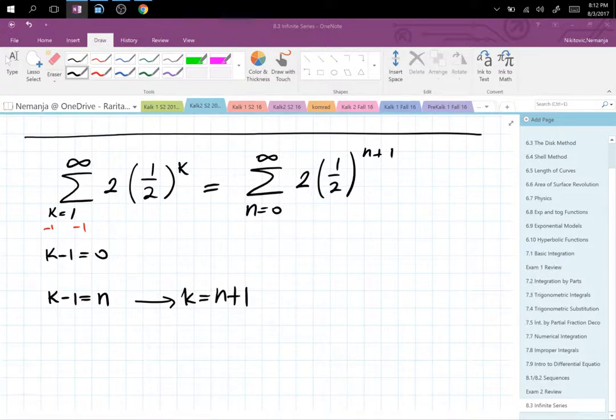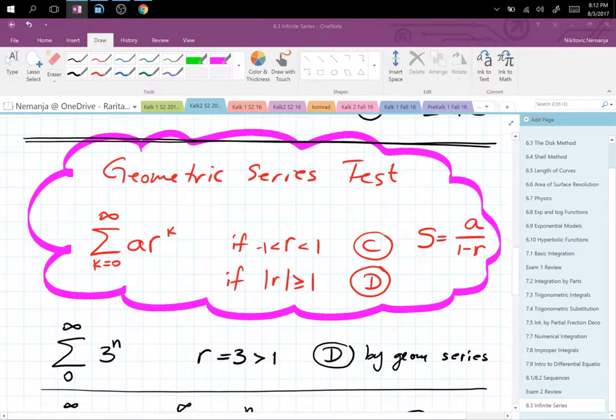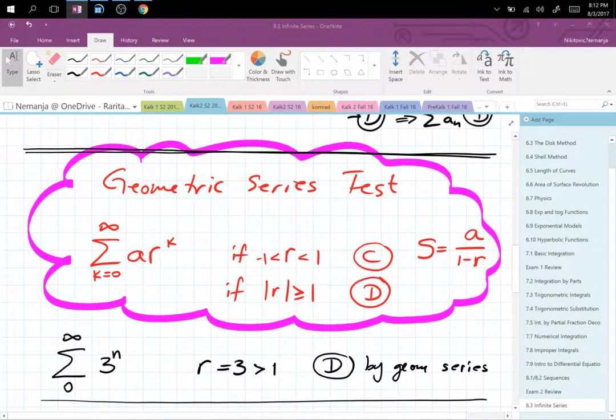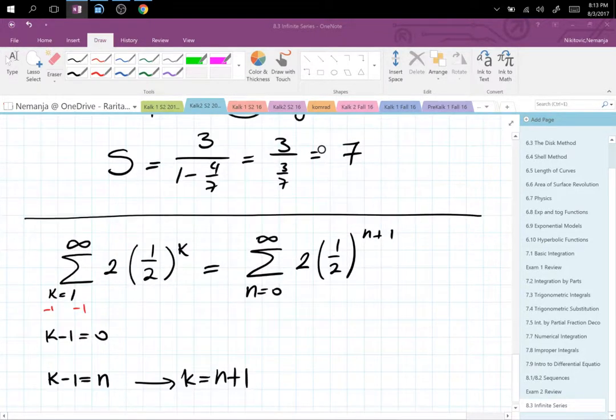Now, we fixed the counter, but we messed up the exponent, right? Because, again, the only way the formulas in the universe work is if this is 0 and this is k. We got this to be 0, but we messed this up. So how do you fix that now? Well, luckily it was plus 1, right?